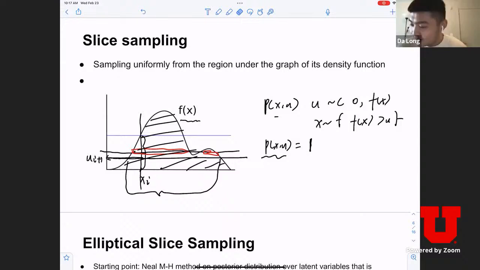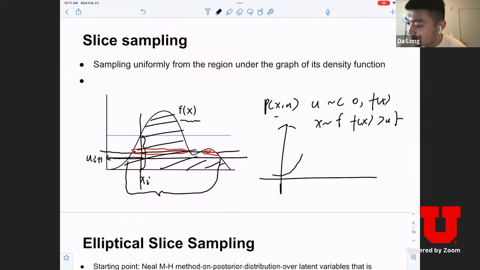Okay. So just like Panjimeng said, there is a problem that we need to find the valid region to get the sample. So there's a trick called the shrinkage trick. Let's assume that we have a very complex distribution. And then we have the current x here.